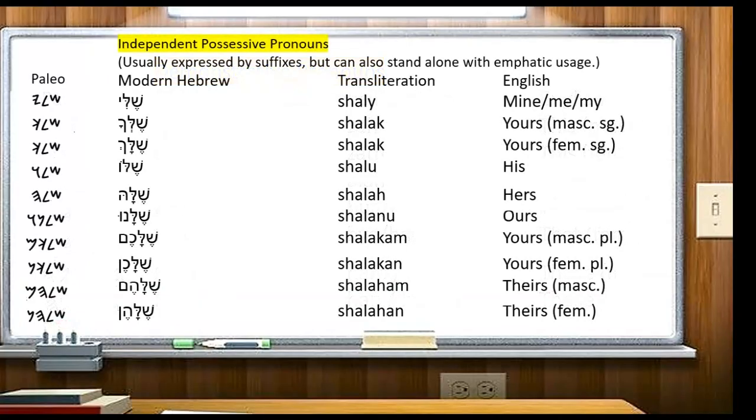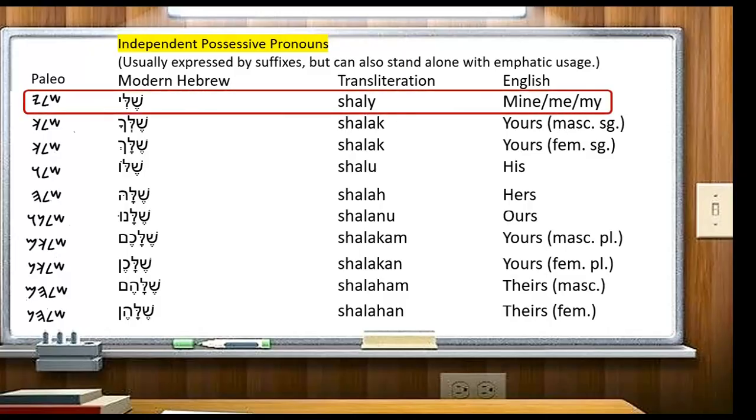Then we get to independent possessive pronouns. Independent possessive pronouns usually are expressed by suffixes, but can also stand alone with emphatic usage. So you would recall we utilized one of these, the first one, which is shali.